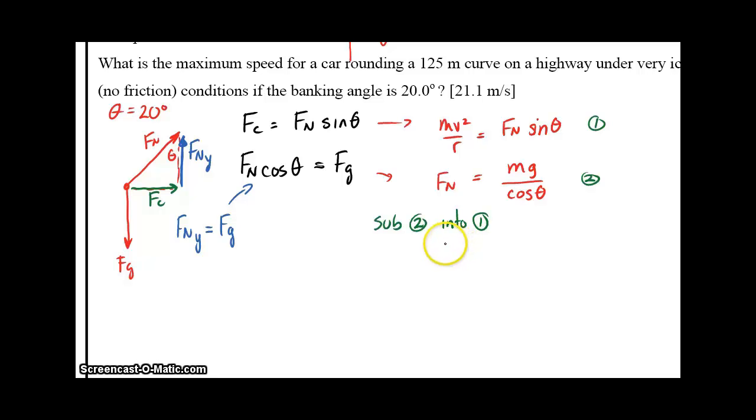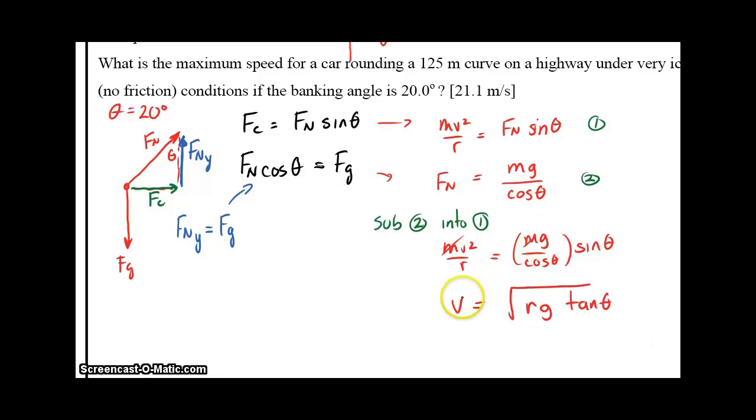So we go mv squared over r equals mg over cos theta times sine theta. Masses cancel out. So we get v equals the square root of rg tan theta.